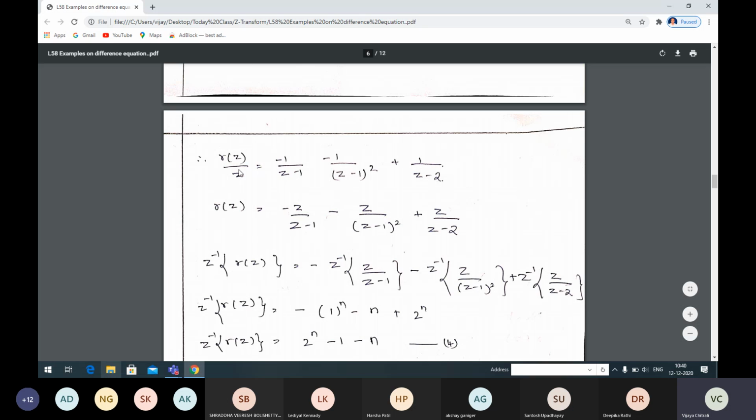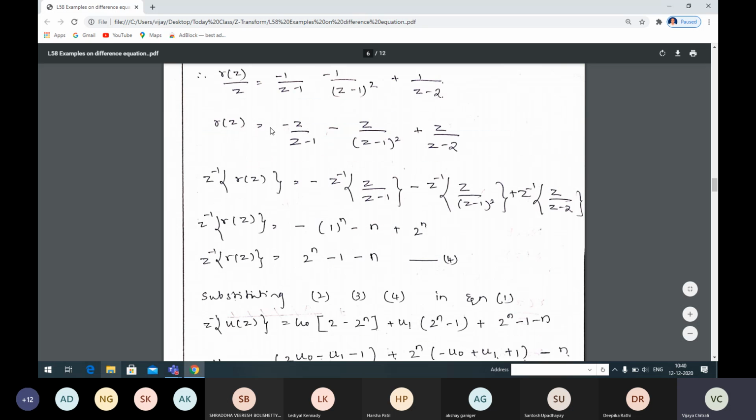Transferring this z from LHS to RHS, it goes to the numerator. So R of z is equal to minus z divided by z minus 1, minus z divided by z minus 1 raised to 2, plus z divided by z minus 2. Now take z inverse on both sides.